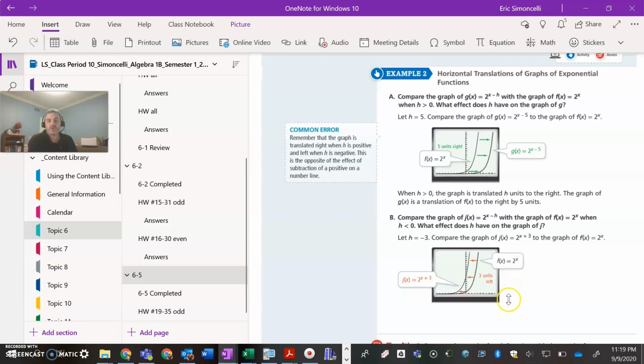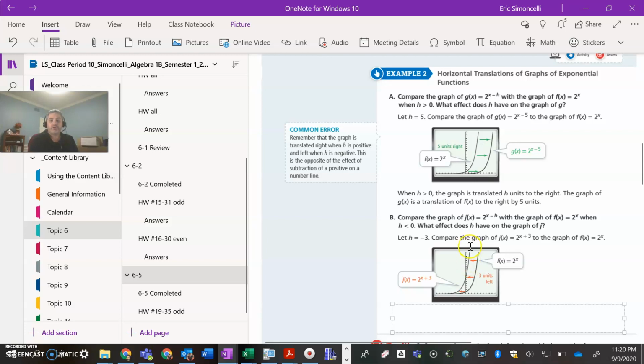So we can see, I would argue pretty nicely, that the black function here is the one that's represented as f of x equals 2 to the x. Well, this function, yes, it's still black, but certain calculators can differentiate with different colors.